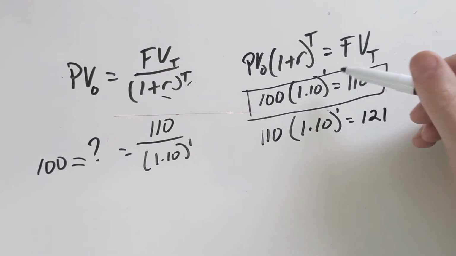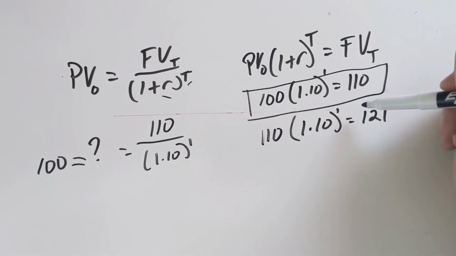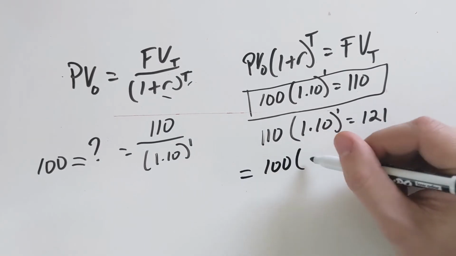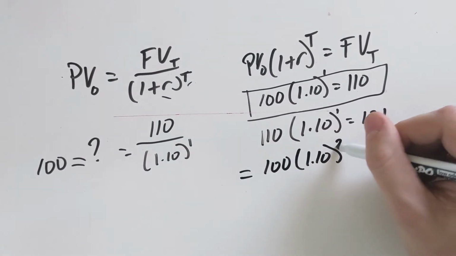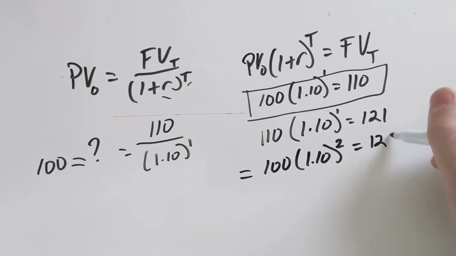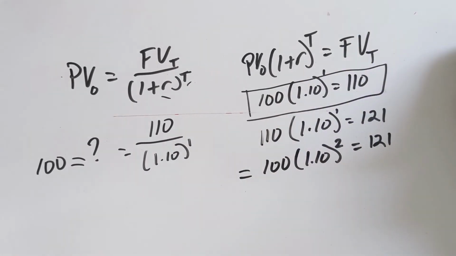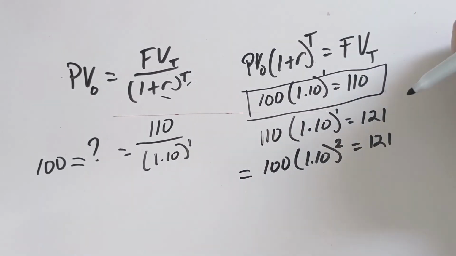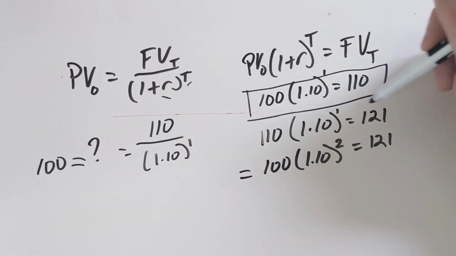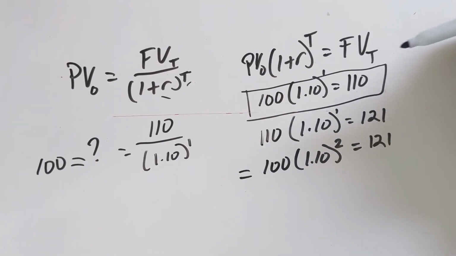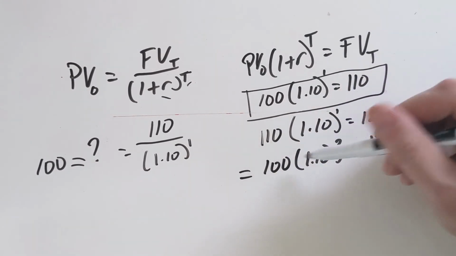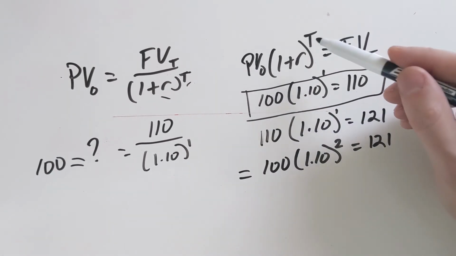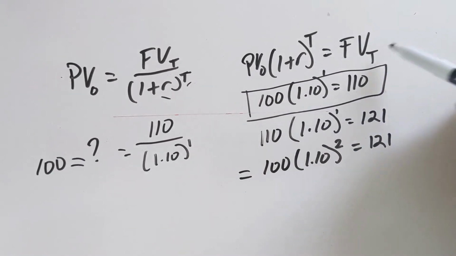Now, this is equivalent to taking $100 and leaving it invested for 2 years. And so that's where that T becomes handy, because that just lets us do the compounding all at once. Instead of having to do a sequence of multiplications, we can just take the exponent, and that exponent says basically how long until you receive your money.